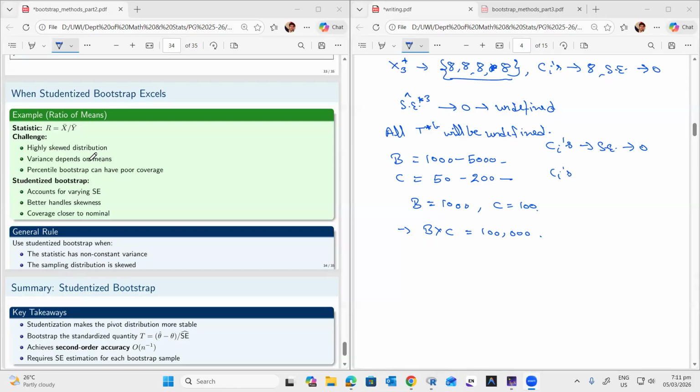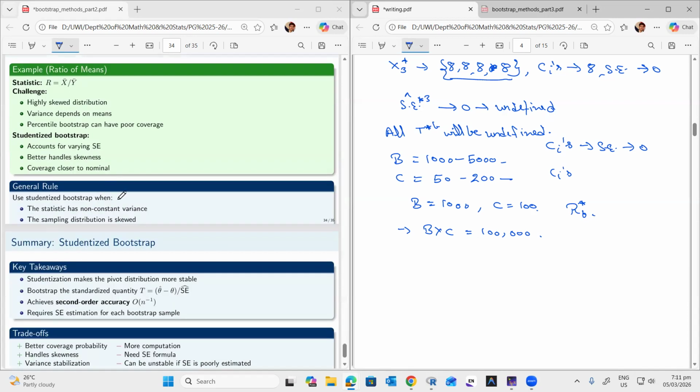So the percentile bootstrap simply takes the quantile of R star B, because the distribution is skewed and the scale depends on the unknowns. So the percentile interval often under or over covers, unlike studentization. So that's why it is not that good to use.